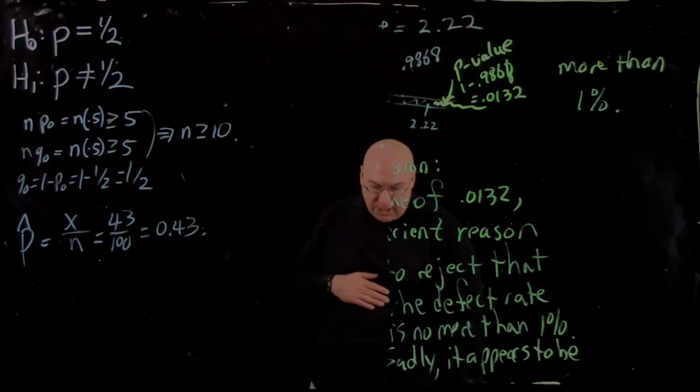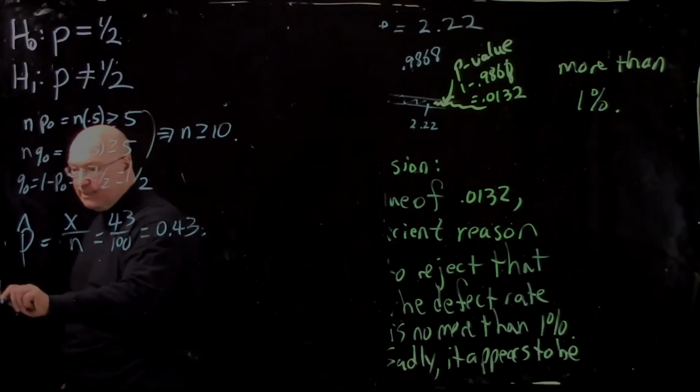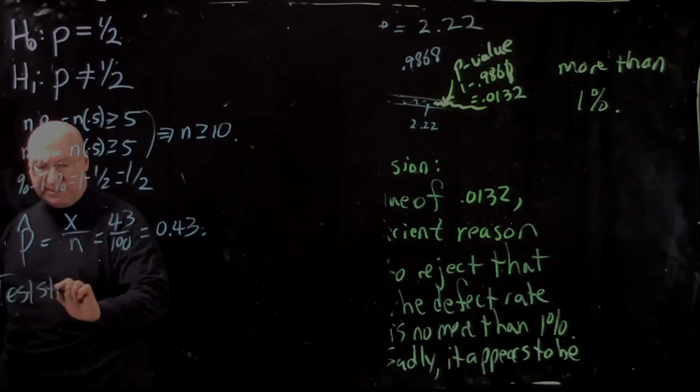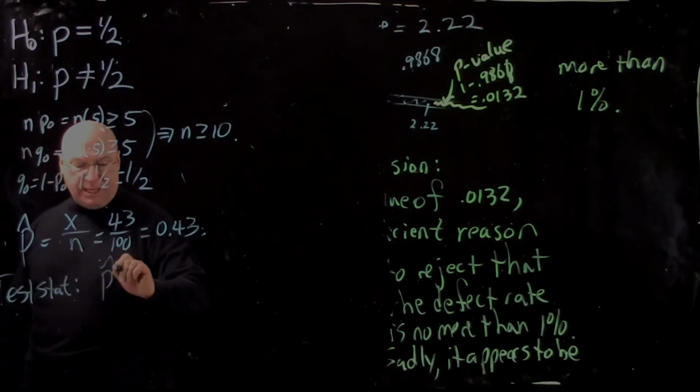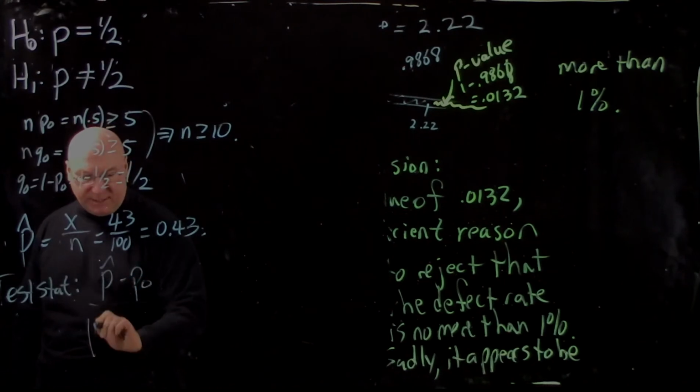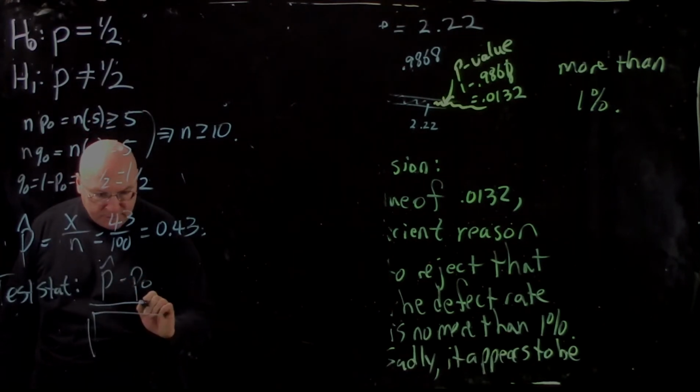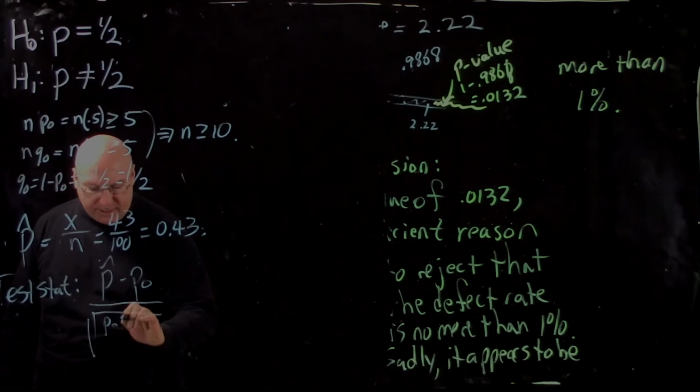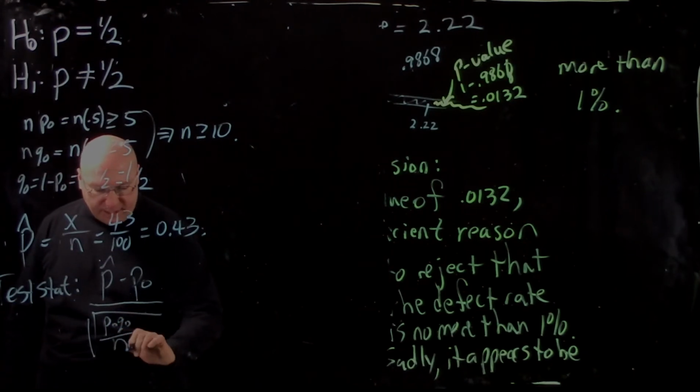Not 0.5. What's the test statistic? The test statistic is p hat minus p naught divided by the square root of p naught times q naught divided by n.